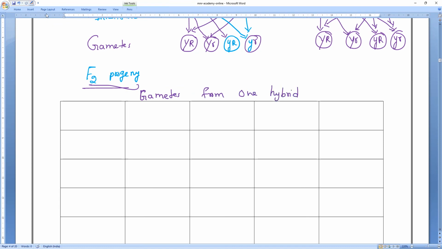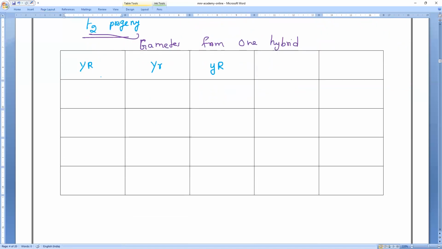Capital Y, capital R. Capital Y, small r. Small y, capital R. Small y, small r. One small mistake we have done.